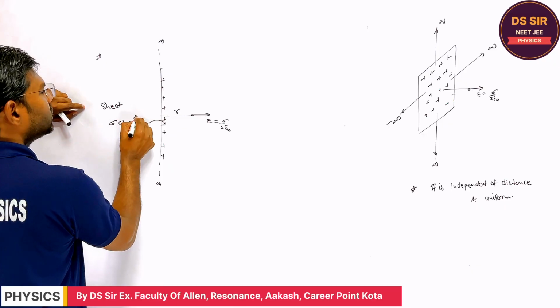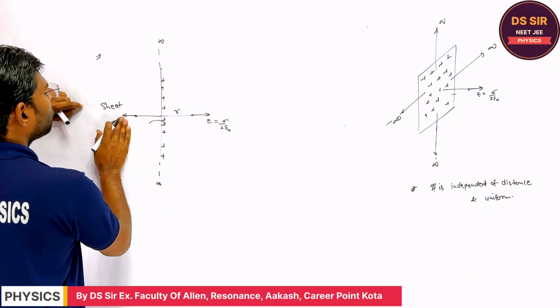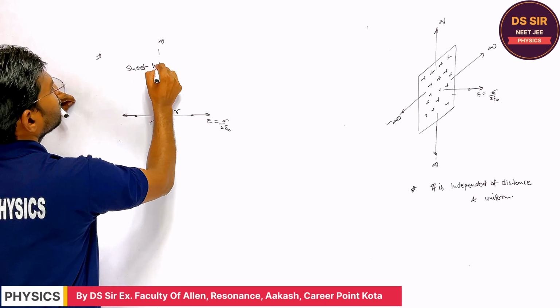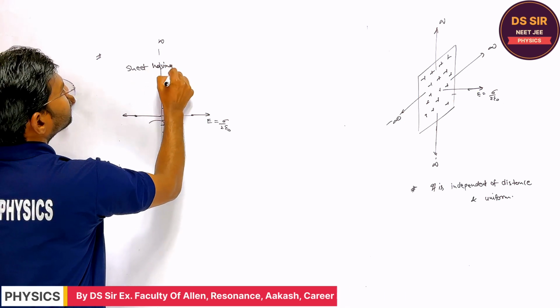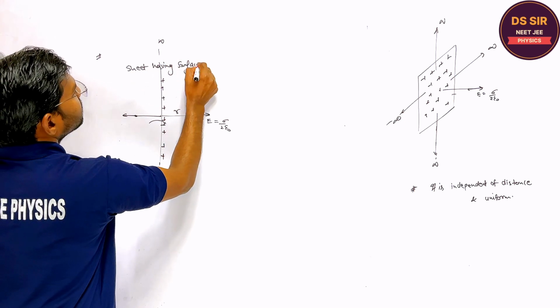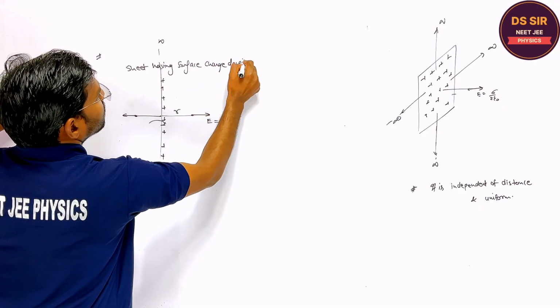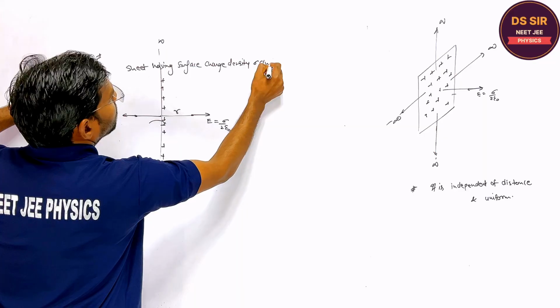Also, if you look at this side, the electric field at this point is also sigma upon 2 epsilon naught. This is the sheet having surface charge density sigma coulomb per meter square.